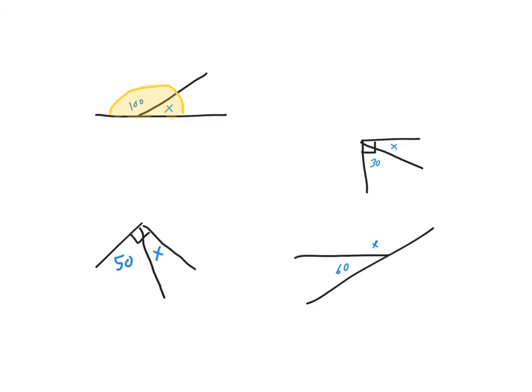Well, that means that this angle plus this angle have to equal 180. So these angles are supplementary. I'm going to put S for supplementary. If this is 100 and they have to equal 180, then this X is going to be 80.